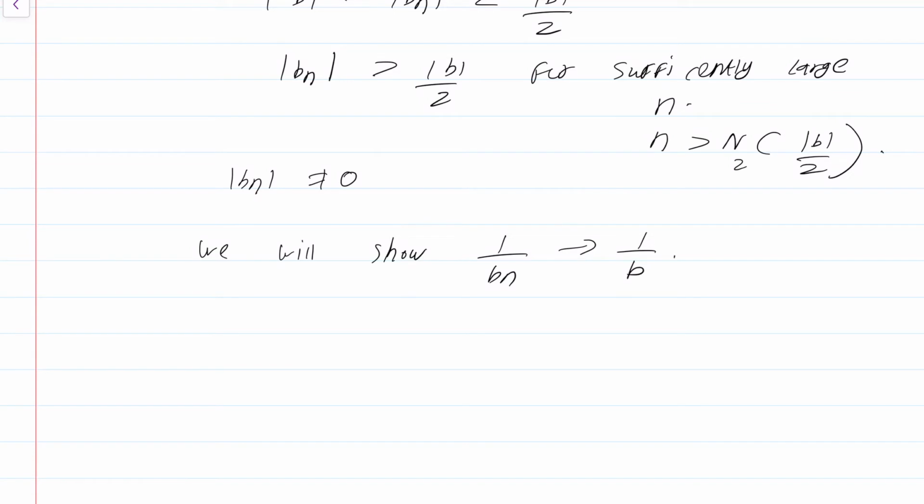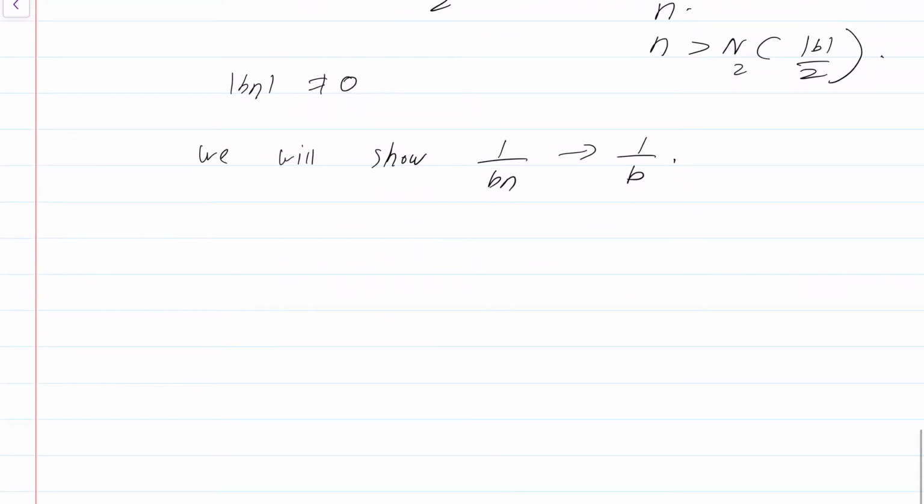Okay, if I can do this, then I can apply part 3 to conclude that a_n/b_n converges to a/b. So how will I show that 1/b_n converges to 1/b? Well, it's just brute force. I look at 1/b_n − 1/b, and this is, as we know, just (b − b_n)/(b b_n).